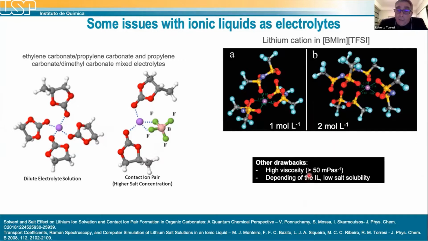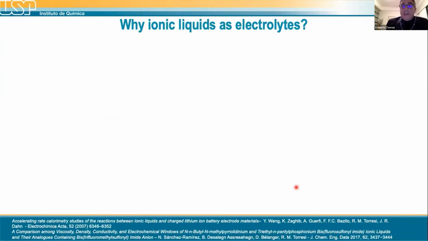And another important property that depends on the ionic liquid is the solubility of the lithium salt that you need to dissolve in the ionic liquid. Because of this kind of drawback, there are many people working trying to find out how you can use this ionic liquid as electrolyte.